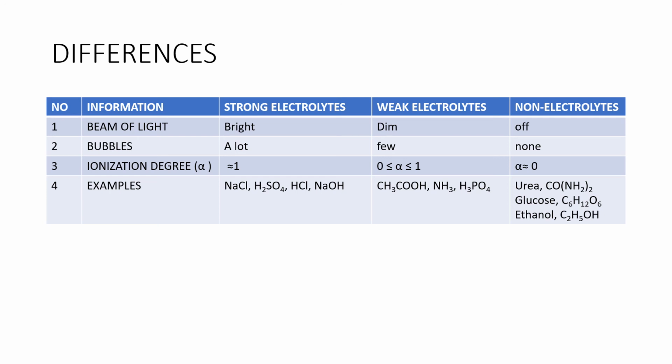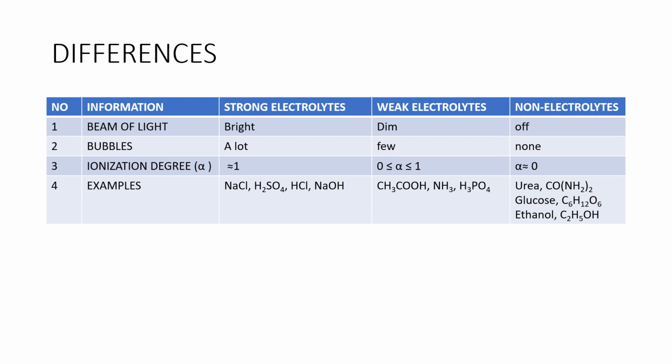Number 3, ionization degree or alpha. For strong electrolytes, almost 1 or 100% dissociates. For weak electrolytes, in between 0 and 1. For non-electrolytes, almost 0.